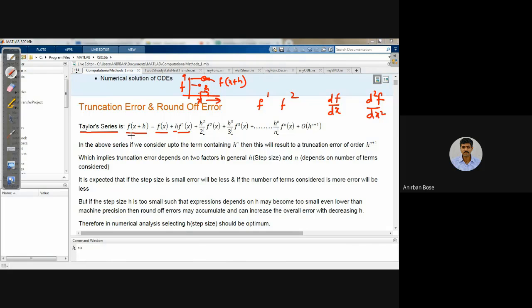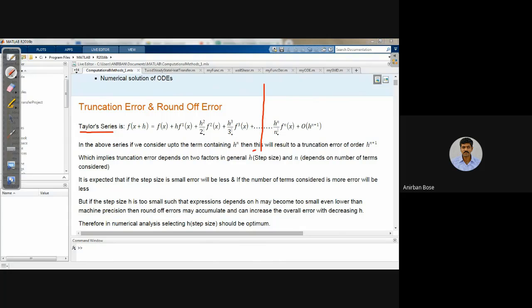So here you see in the left hand side, it is f x plus h that we want to find out in terms of all the functional value at x and all the higher order derivatives at this point x. So this is the whole idea.